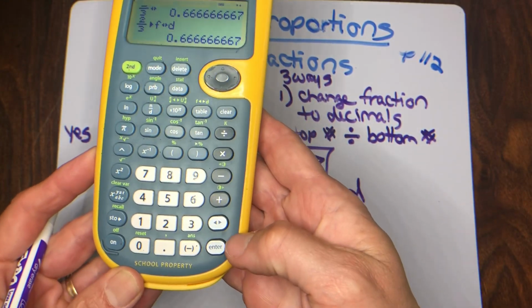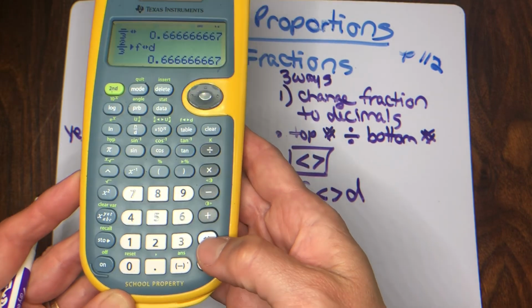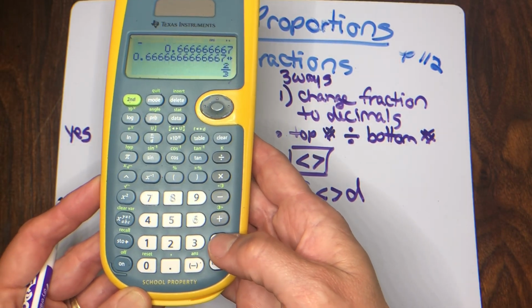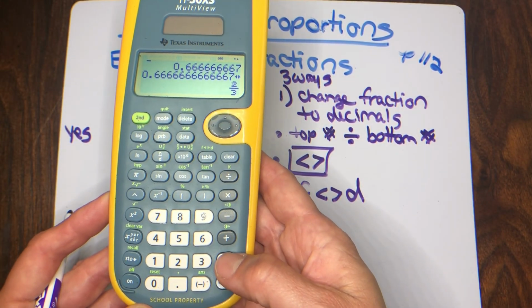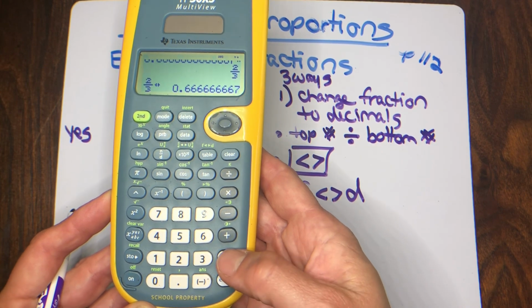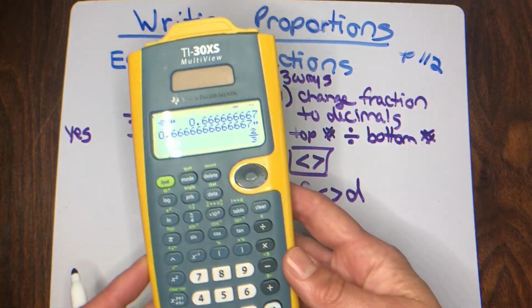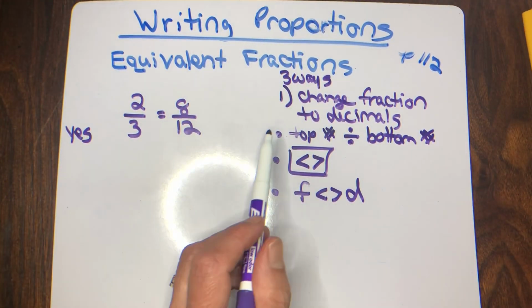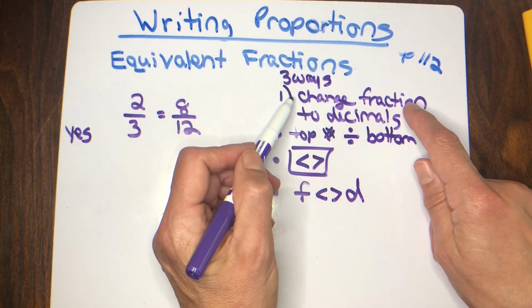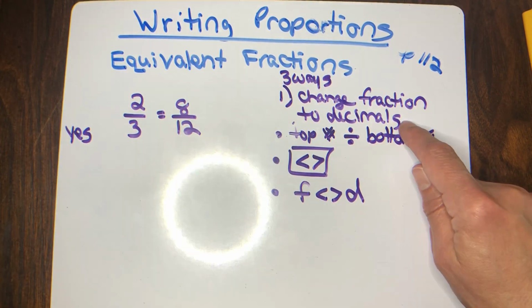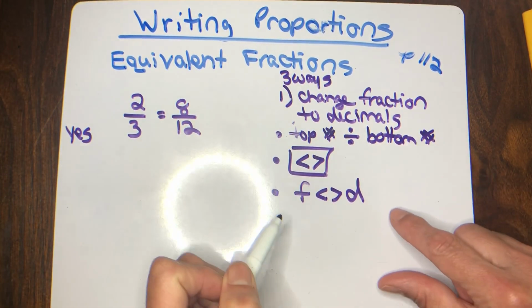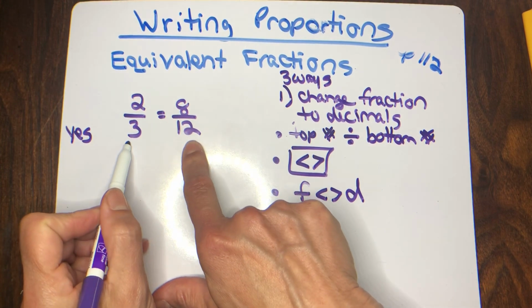Now I just want you to play around with this double arrow that's above your equal sign, and you'll see it changes it back to a fraction, and back to a decimal. It's a cool little button. It does lots of things. It's not only fractions to decimals. So you can change fractions to decimals and see if they're the same, which we just did.